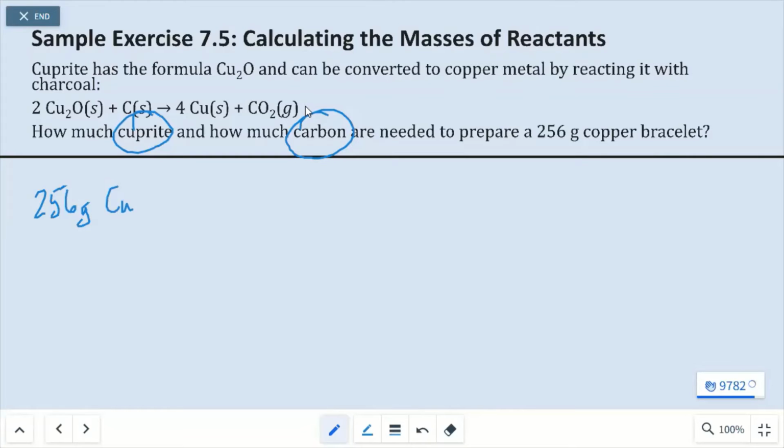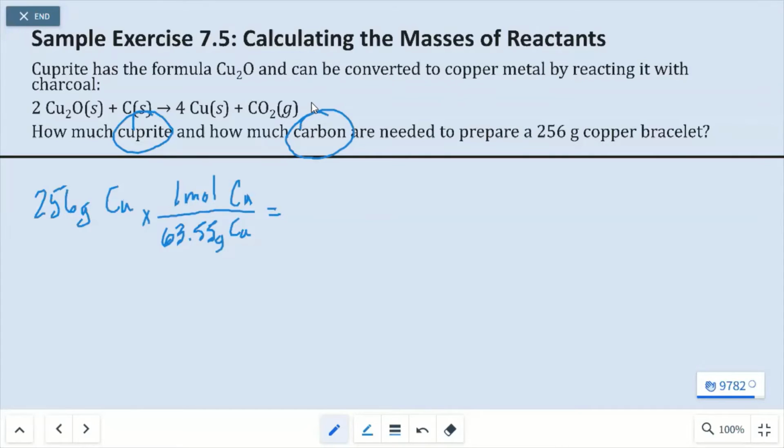So what we're going to do is split this into two pieces. The first conversion is going to be exactly the same. 63.55 grams of carbon, or excuse me, copper, in every mole of copper. That part's going to be identical in both of these.